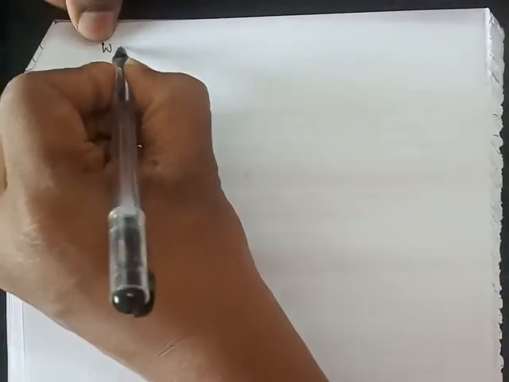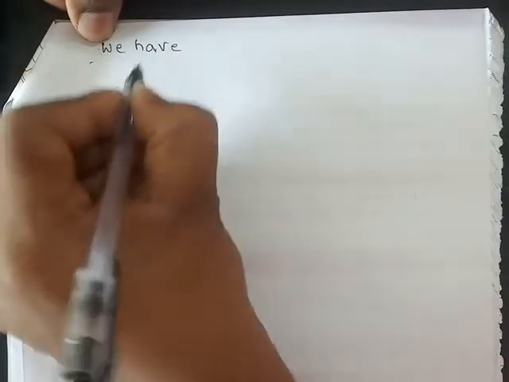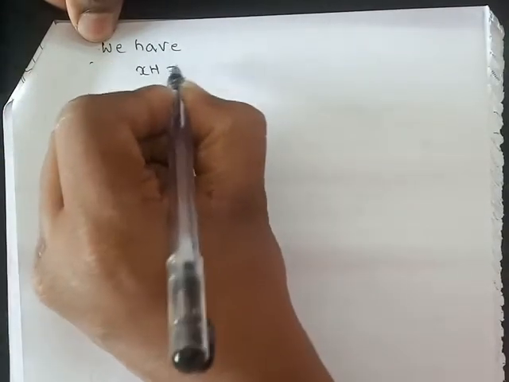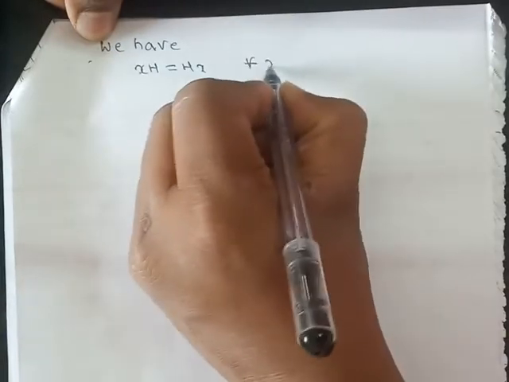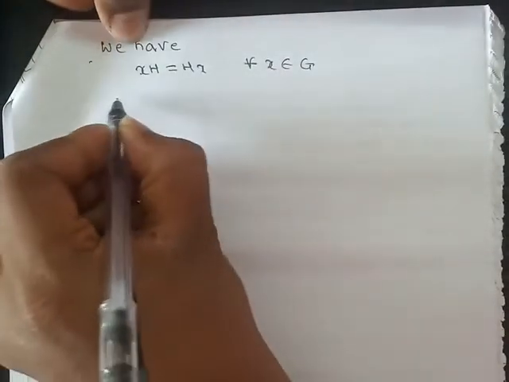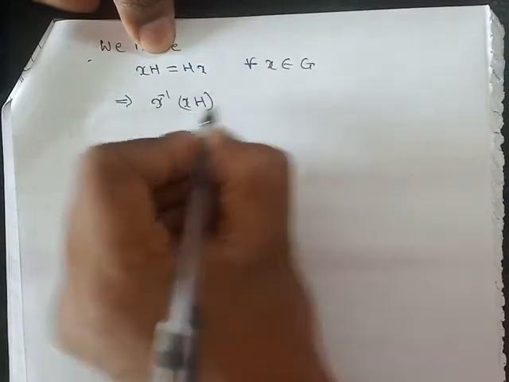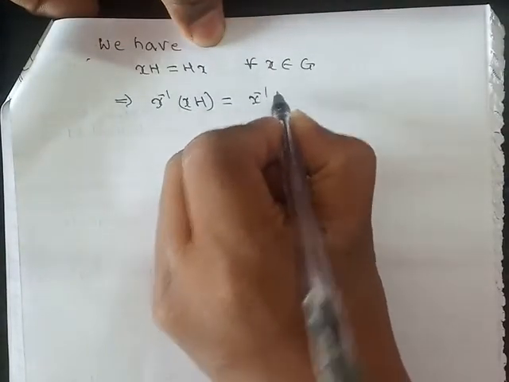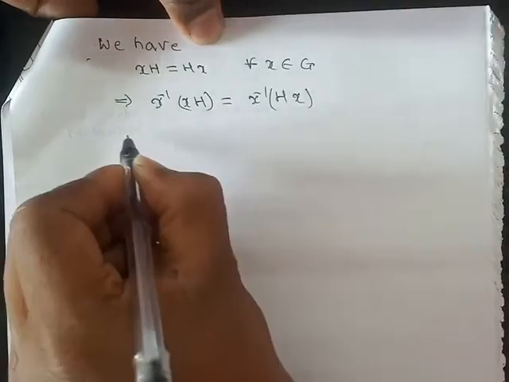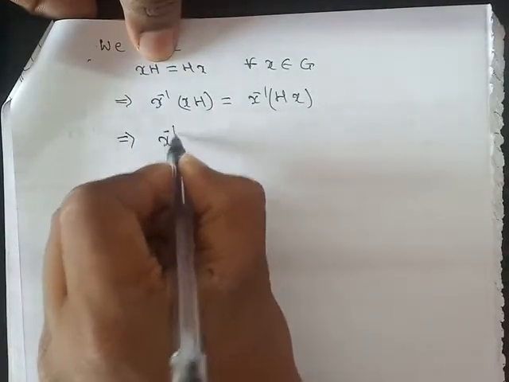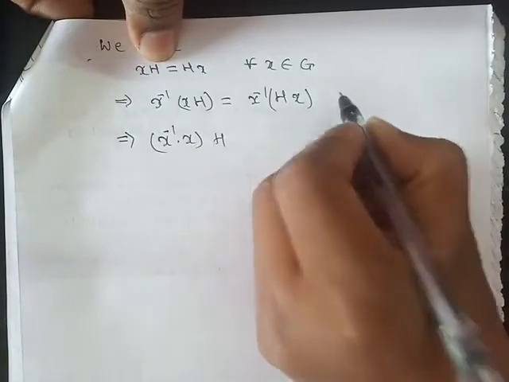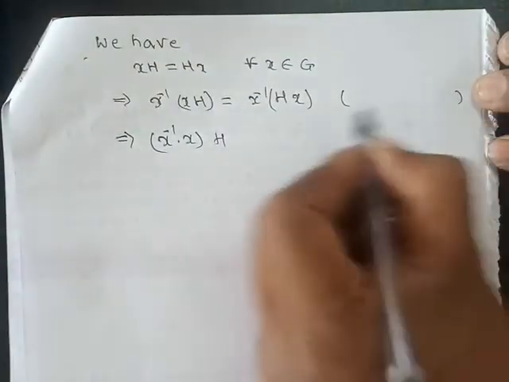In order to prove the normal subgroup, we have to use the definition. We have been given X H is equal to H X for all X belonging to G. So this implies that X inverse X H is equal to X inverse H X, pre-multiplying by X inverse.